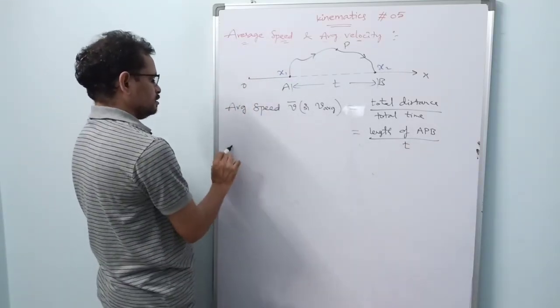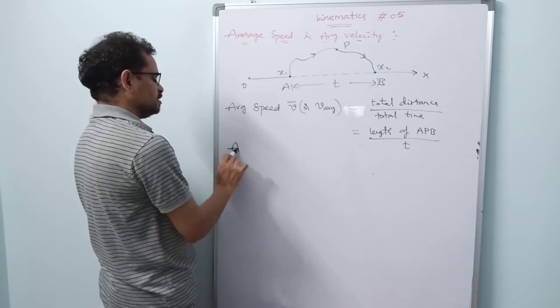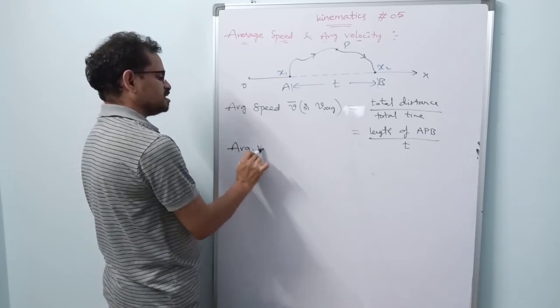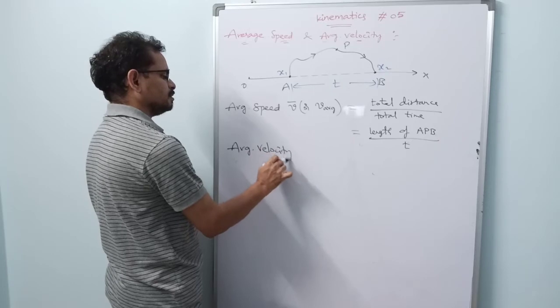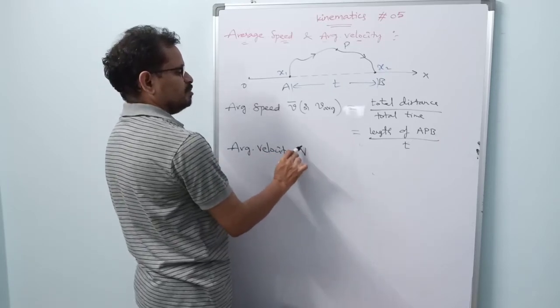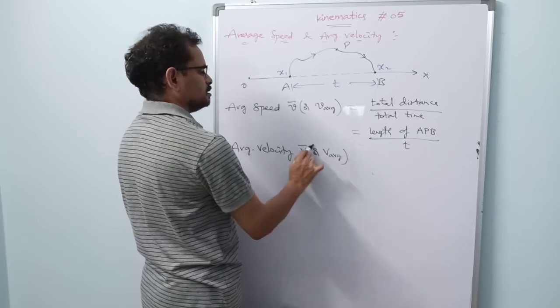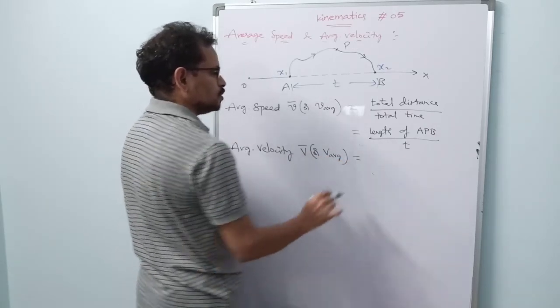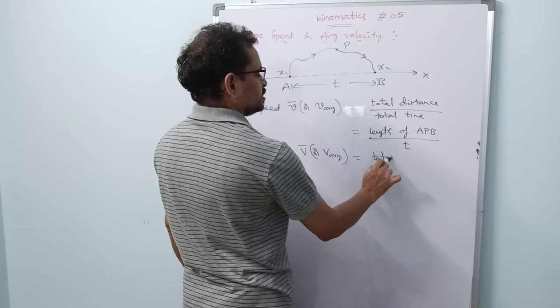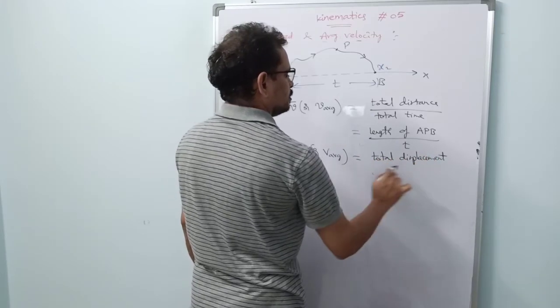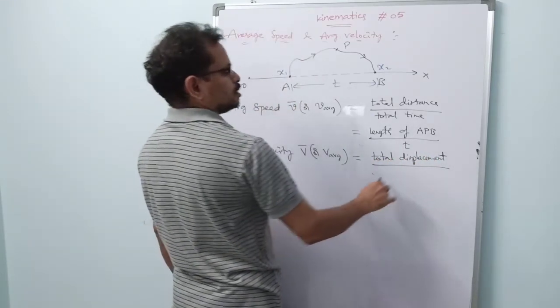Then what is average velocity? Average velocity, capital V bar, or capital V average, is equal to total displacement by total time.